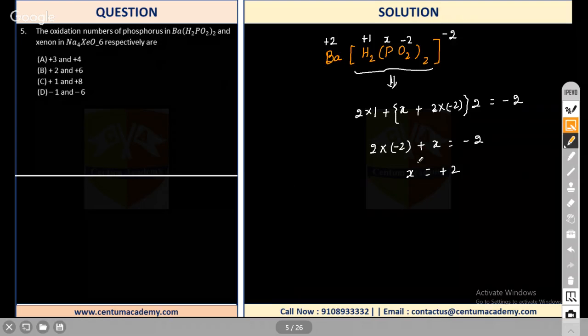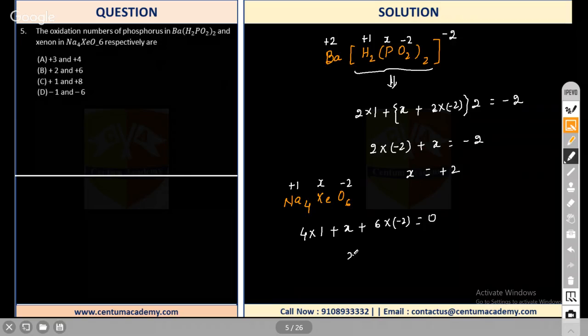Next one you see, Na4XeO6. Na is +1, Xe I assume X, and O is -2. So it is 4 into 1 plus X plus 6 into -2 is equal to 0.